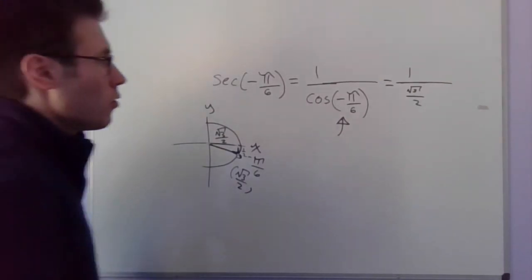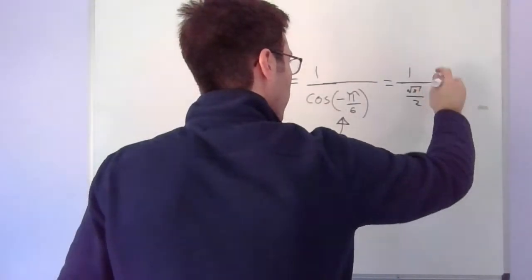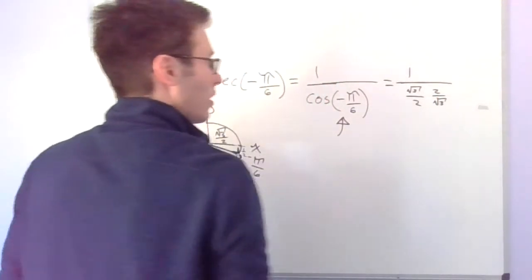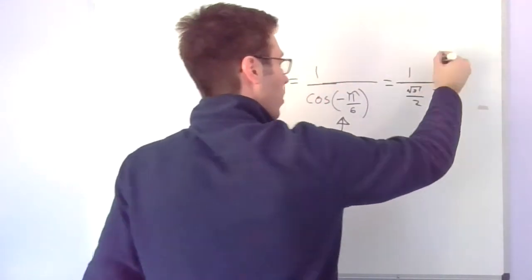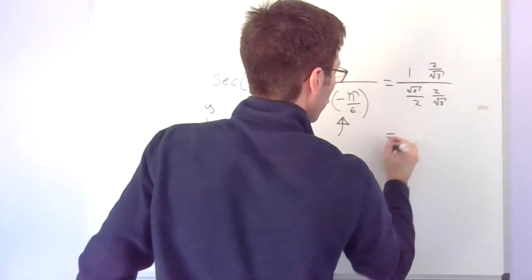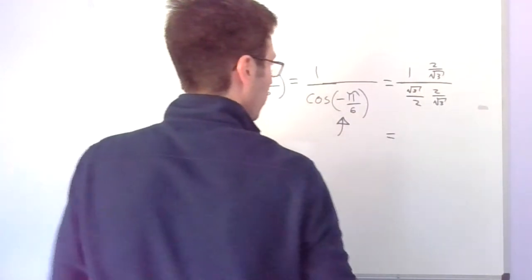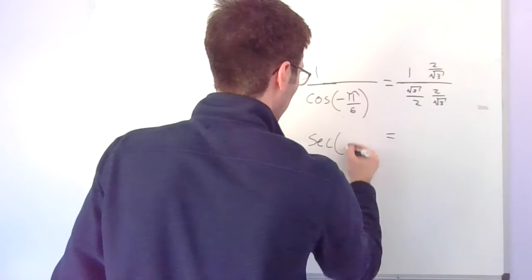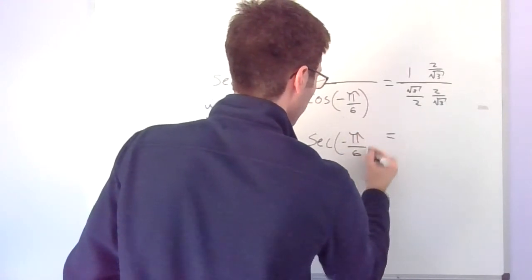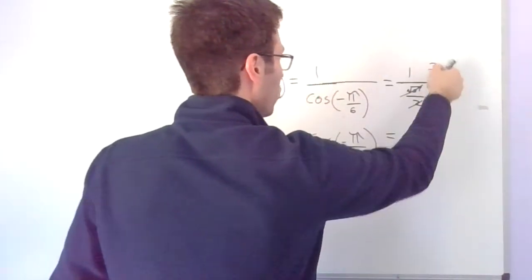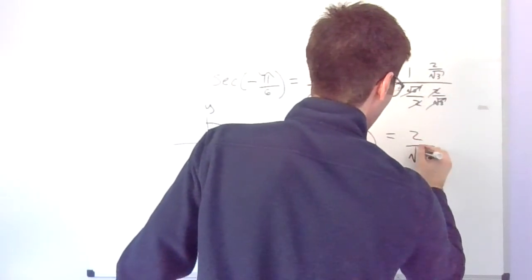So that value, if we're going to take that number and flip it, we're going to multiply by 2 over square root 3, take the reciprocal of it. So in other words, this value for our secant of minus pi over 6 is going to equal, these cancel out, 2 over square root 3.